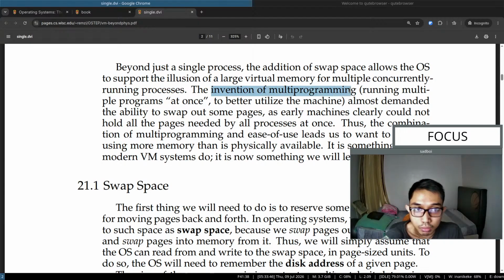The invention of multi-programming, that is running multiple programs at once to better utilize the machine, almost demands the ability to swap out some bits, as early machines clearly could not hold all the bits needed by all processes at once.